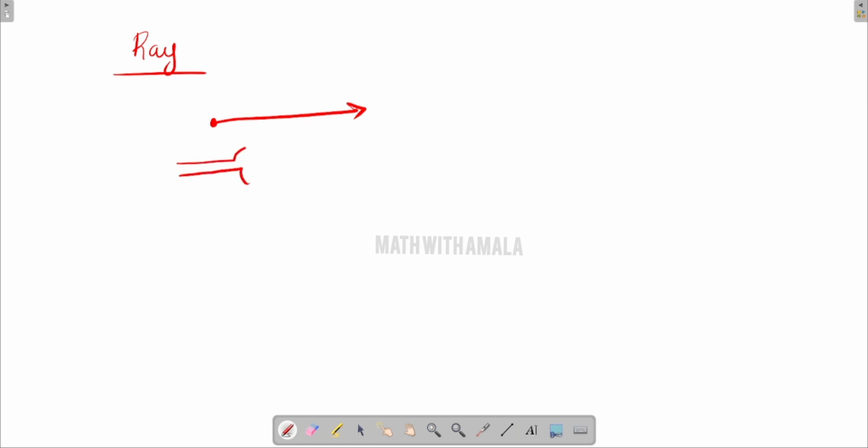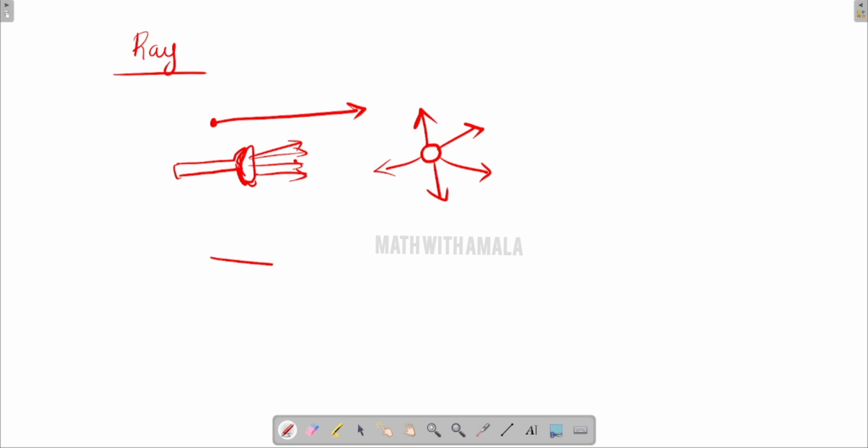The light comes out in ray form, so this is the best example for a ray. Also sun rays, which originate from a particular point and move in all directions. And the beam of light from a lighthouse is also an example of a ray.